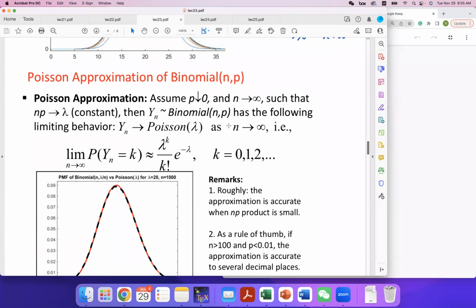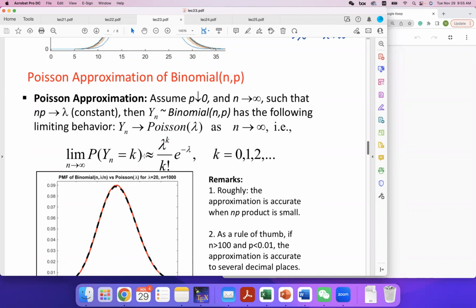Basically, the PMF of Yn can be approximately calculated by the Poisson distribution. This is the standard Poisson distribution with parameter lambda. This lambda parameter is determined by the limit of this product.